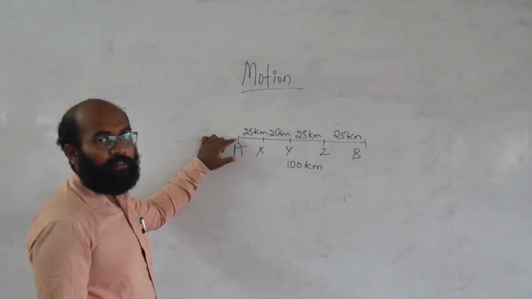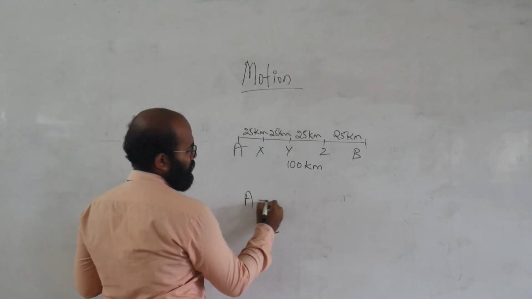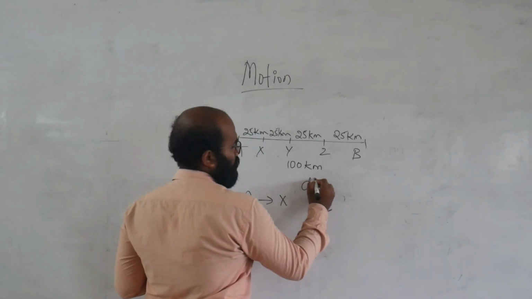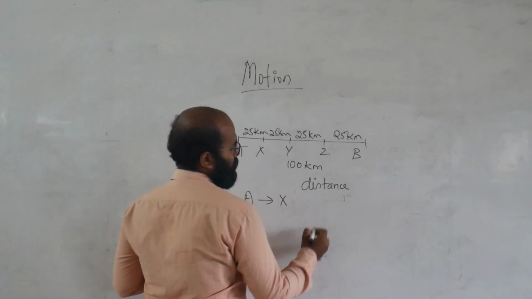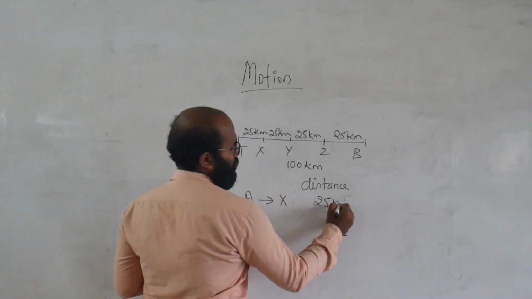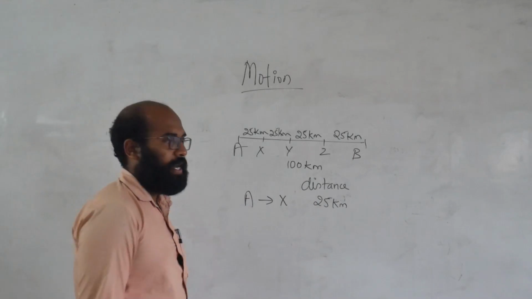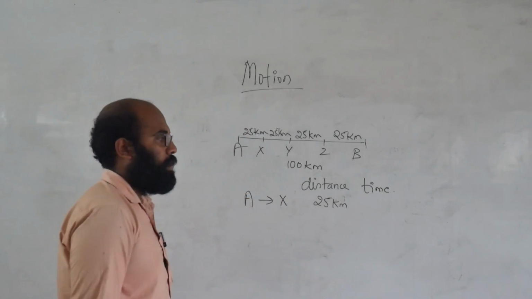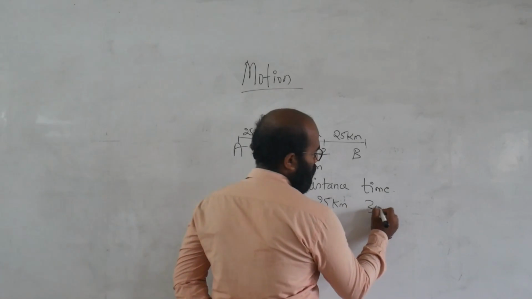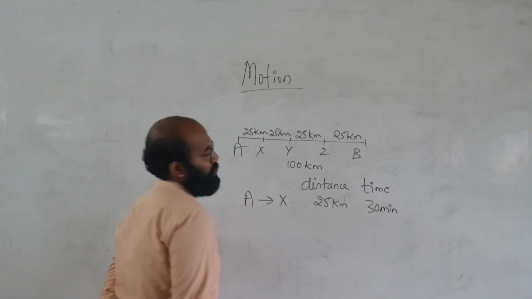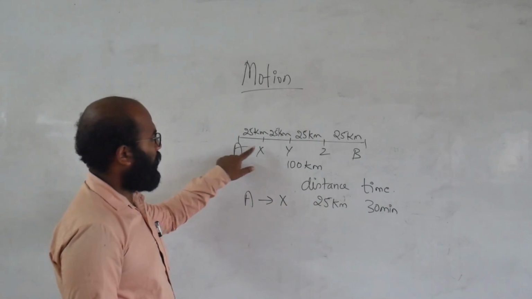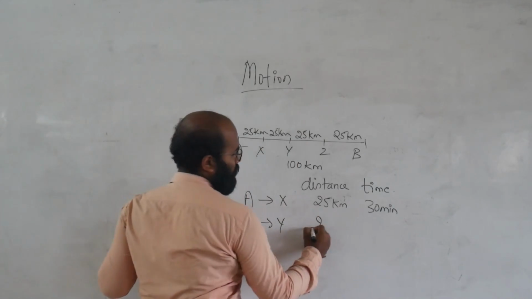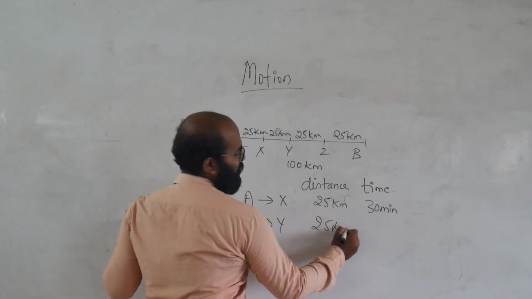If I start from A and go to X, the distance is 25 kilometers. If I am going on a bike and take, say, 30 minutes to travel from A to X. Similarly, if I want to go from X to Y, that is at a distance of 25 kilometers.